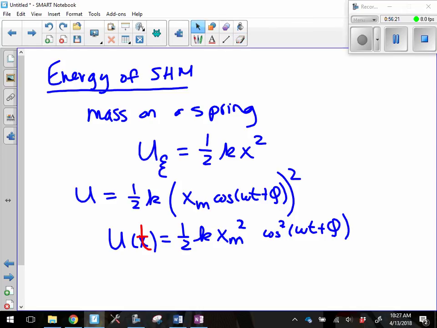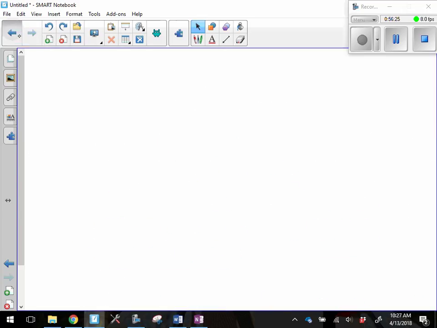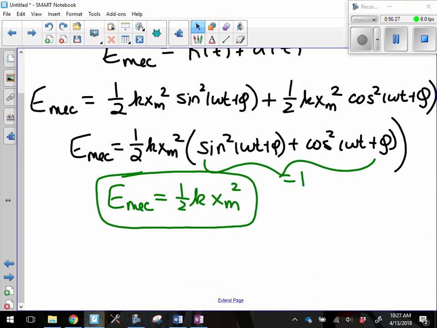So even though u and k are changing as the box on the spring moves back and forth, or as the pendulum moves, that total energy is going to be the same, and it's a function of xm, which kind of makes sense.